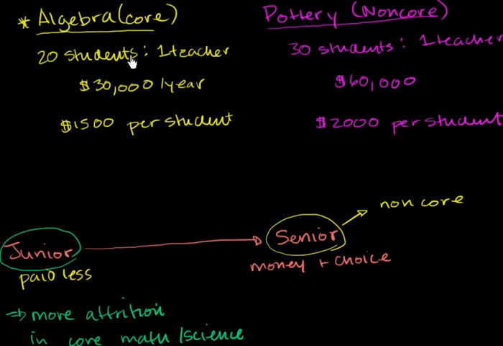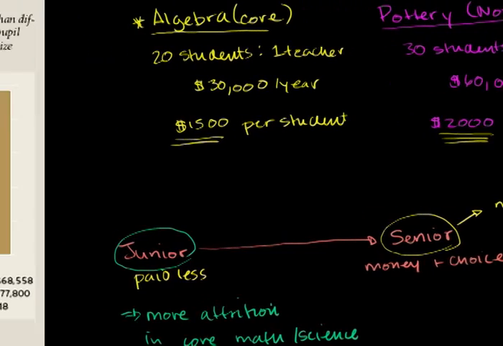They lowered the student to teacher ratio relative to the non-core classes. But because the core math and science classes tend to get taught by junior faculty, they still were spending $500 less per student on the algebra class than they would spend on their pottery class.